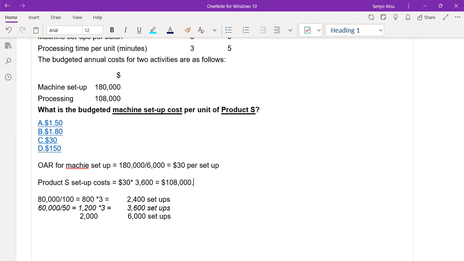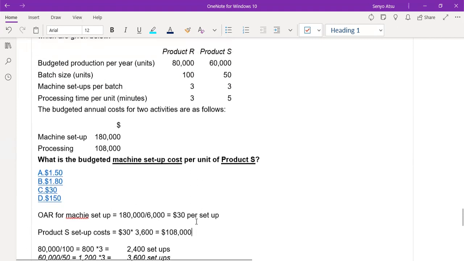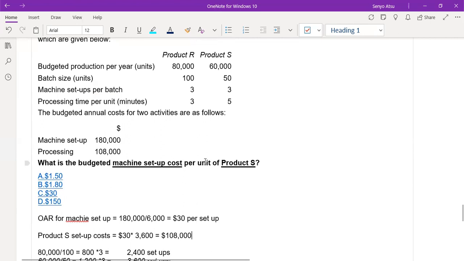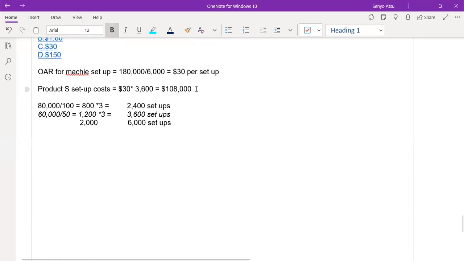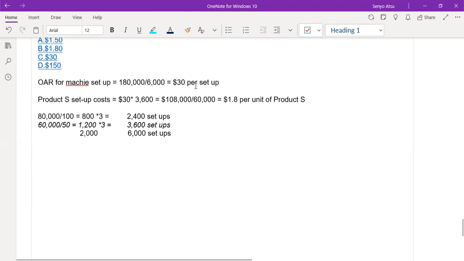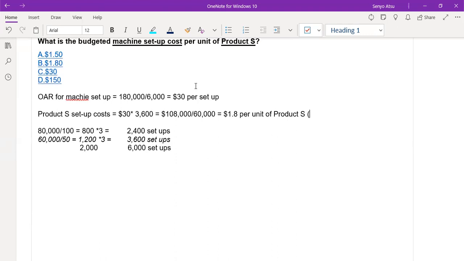It's $108,000. Question says per unit. So simple maths, divide by 60,000 units of S. $1.80 per unit of product S. That gives me answer option B.